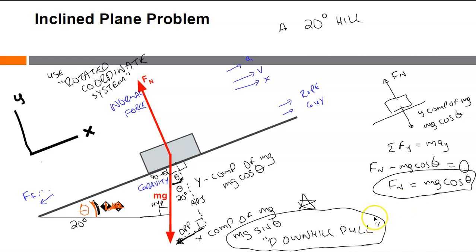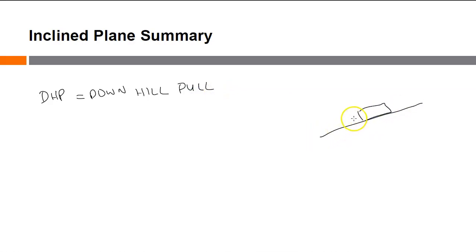So what I'd like to do here is summarize these, and I'm going to call this the first thing that we need to know. Let's just call it the DHP for short, downhill pull. For any object on a ramp, on a hill, on an inclined plane, I draw the box, and I need to draw an arrow that points downhill, and that's my DHP.